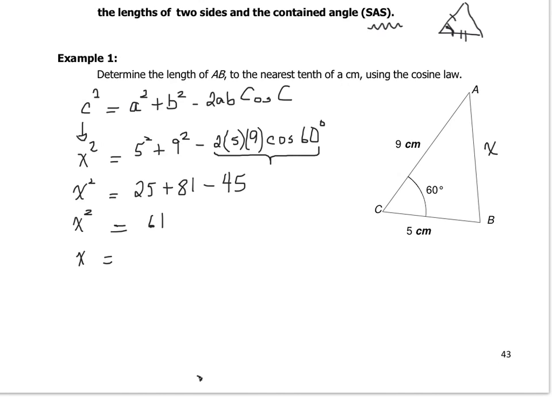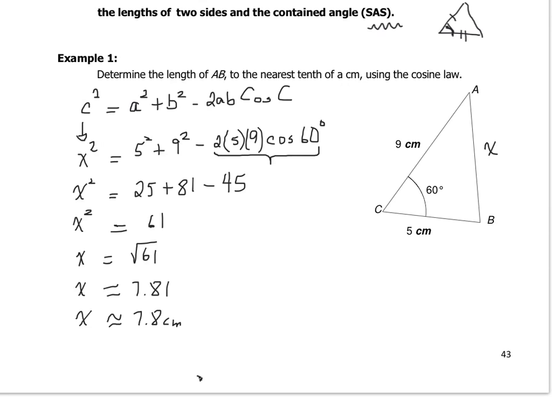So x is actually the square root of 61, which is approximately 7.8, if you round it off to the nearest tenth of a centimeter. 7.81 comes up on the calculator, which is approximately 7.8 centimeters.